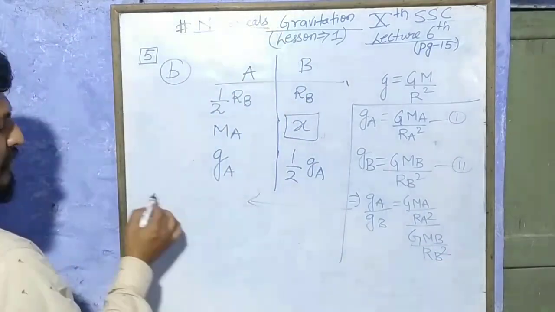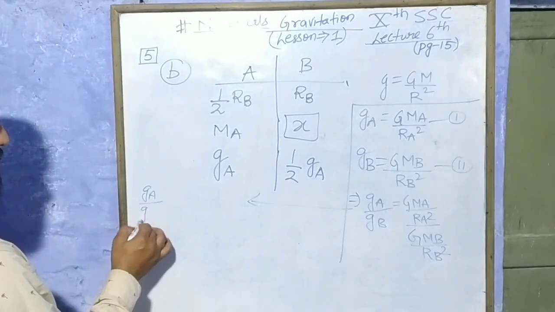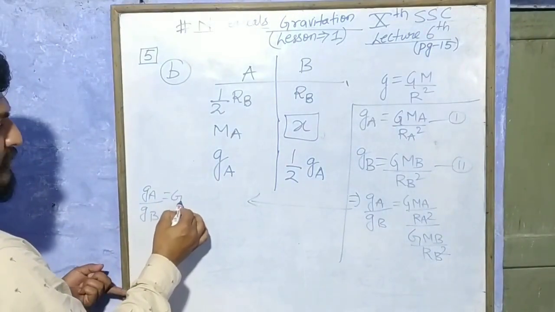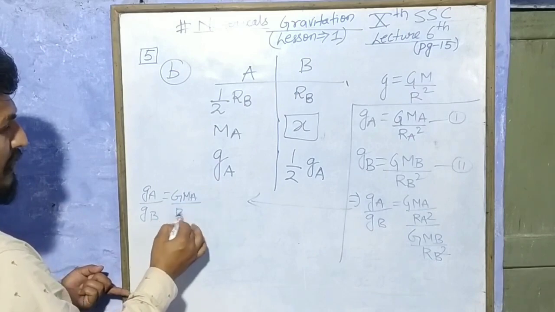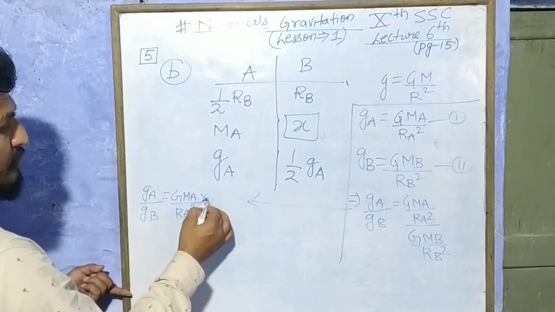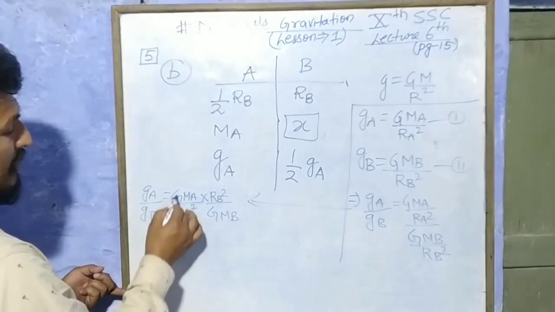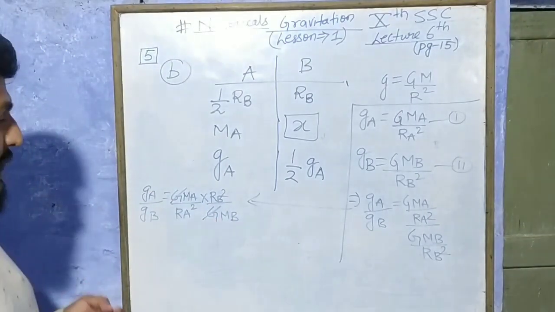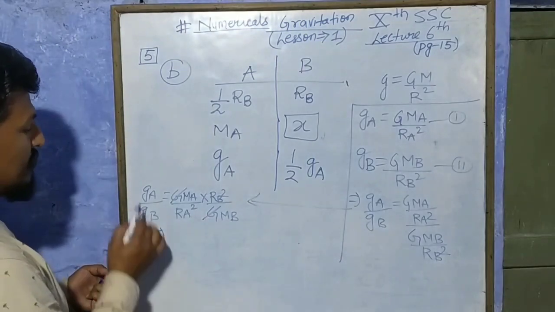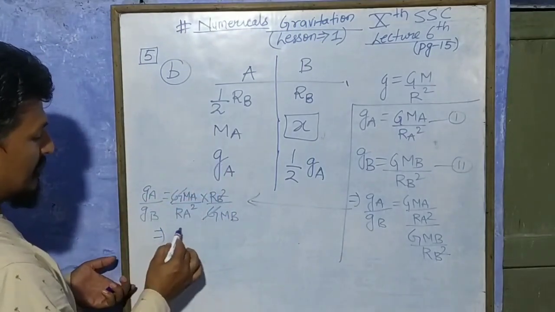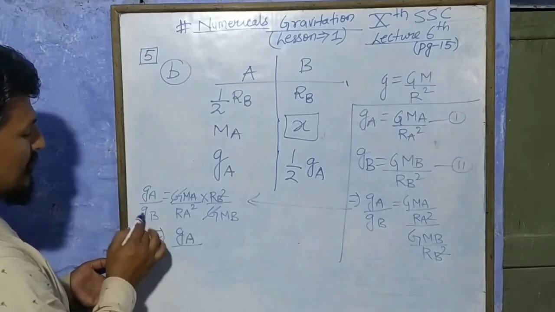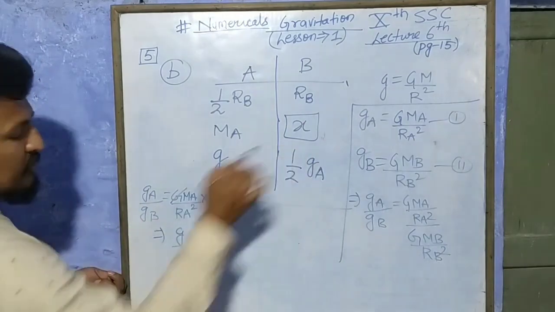Now come to here. GA by GB equals GMA by RA square into RB square by GMB. Capital G gets cancelled. Now the value of GA is GA. The value of GB is half GA.